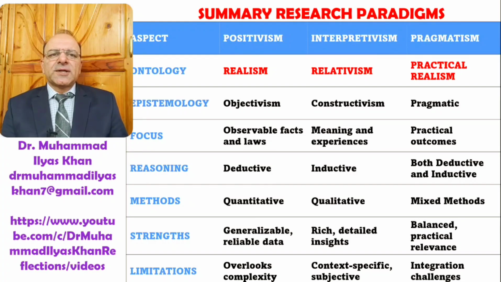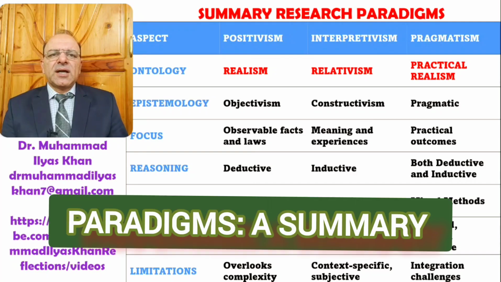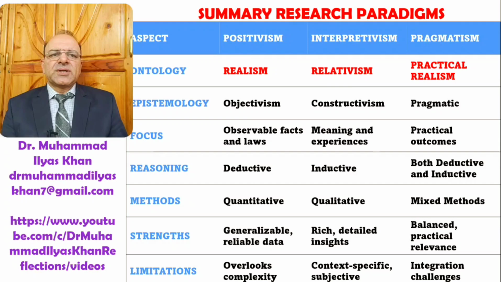Ontologically, positivism follows realism, interpretivism follows relativism, and the pragmatic paradigm follows practical realism. Epistemologically speaking, positivism follows objectivism, interpretivists follow constructivism, and pragmatists follow a pragmatic or practical approach.